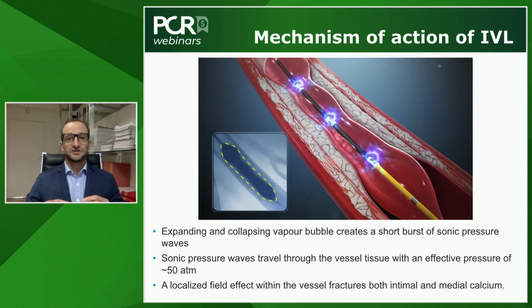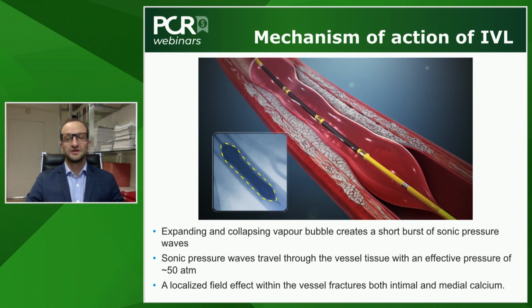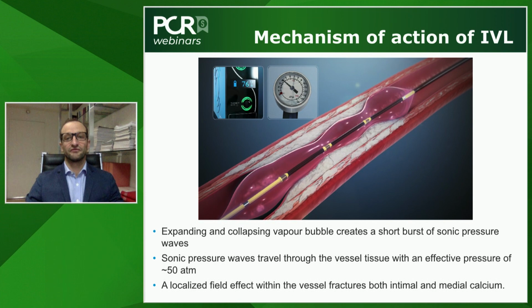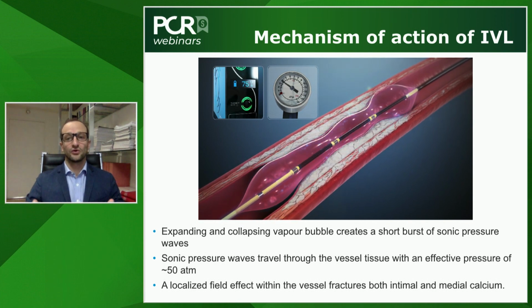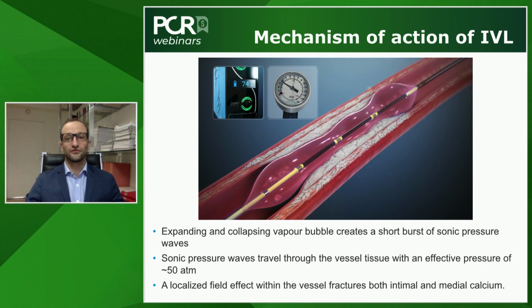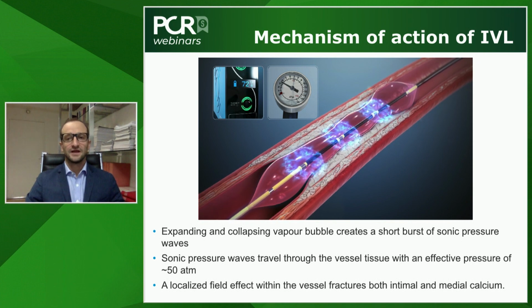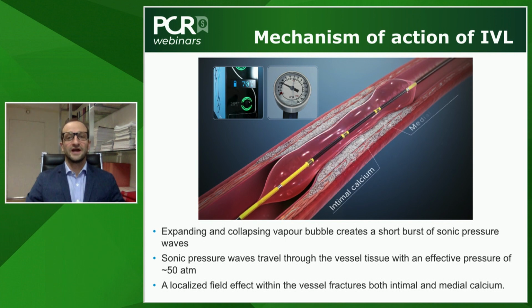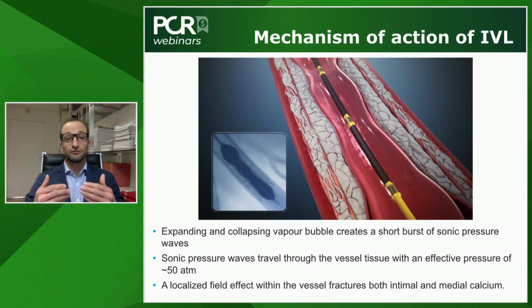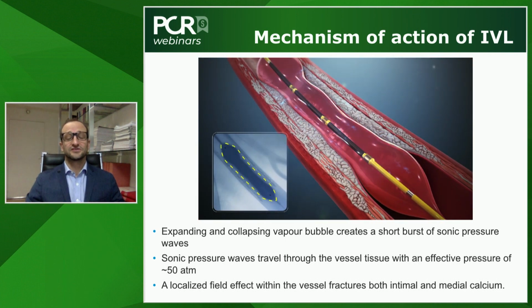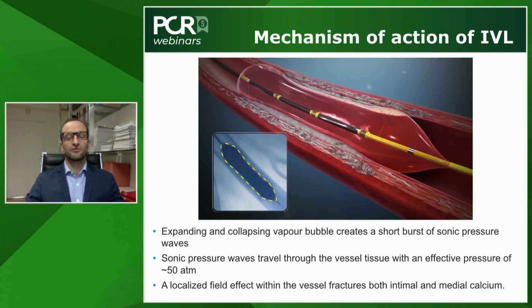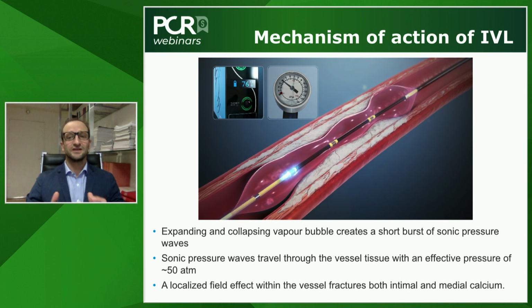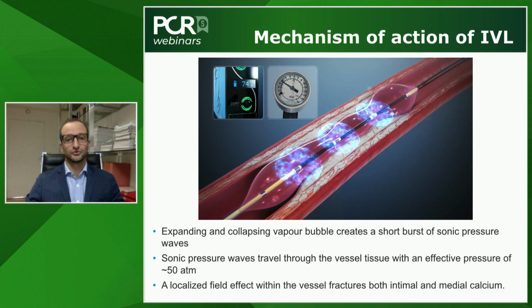And these emitters, when they receive the electrical energy, make expanding and collapsing vapor bubbles, which in turn create a short burst of sonic pressure. And this sonic pressure will interact with the arterial wall and the calcium, making micro fractures on the calcium lesion with a nearly effective pressure of 50 atmospheres.